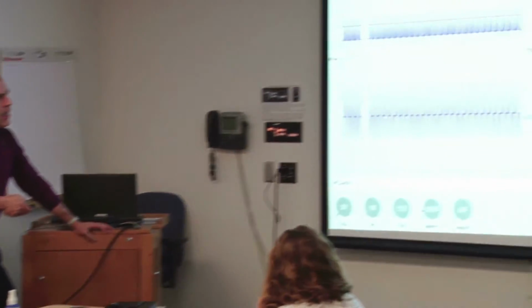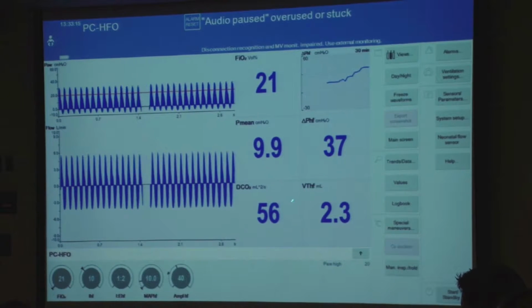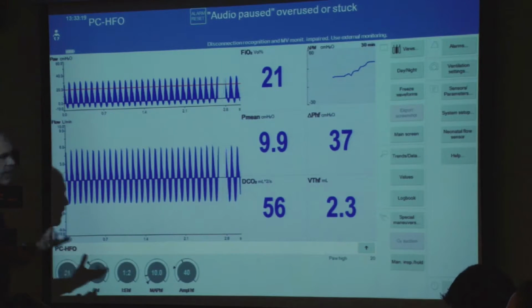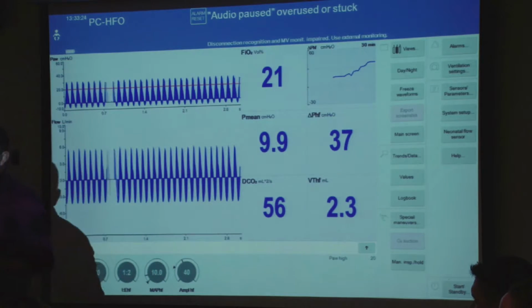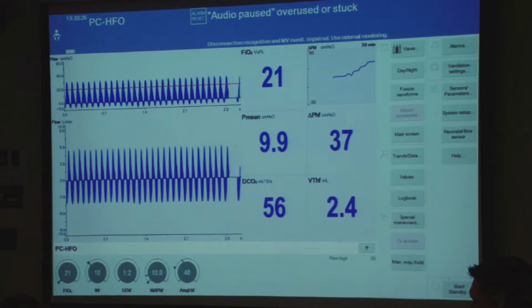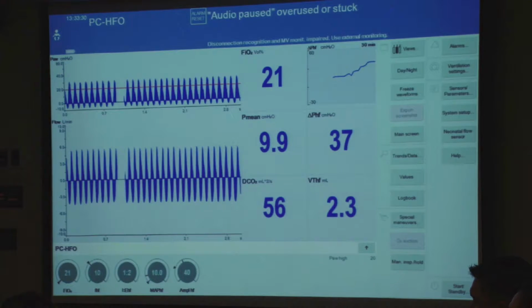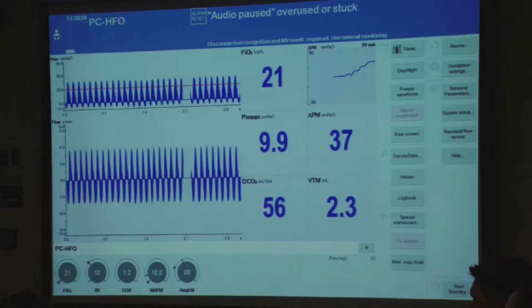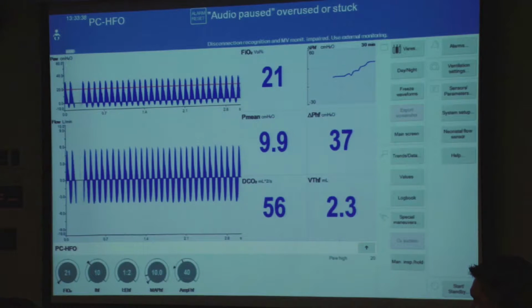We tend to start with 1 to 1.5 mLs per kilo for a baby as a starting point. But I can show you some data. Manuel Sanchez Luna from Spain has some data published.